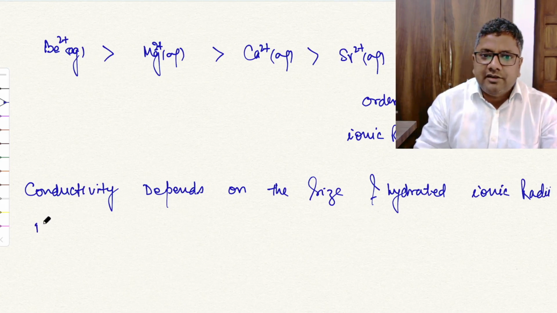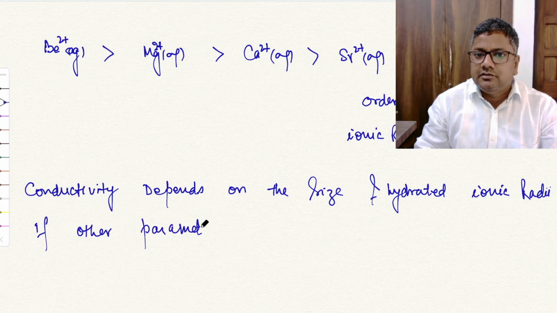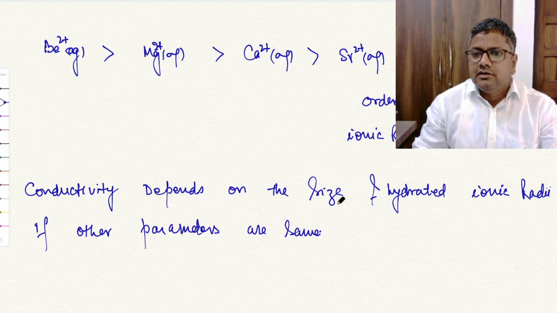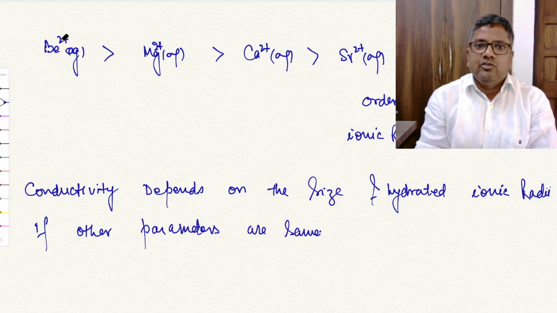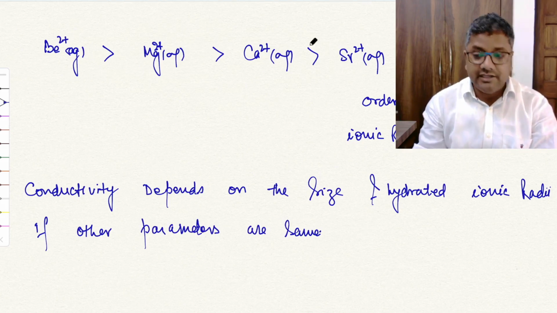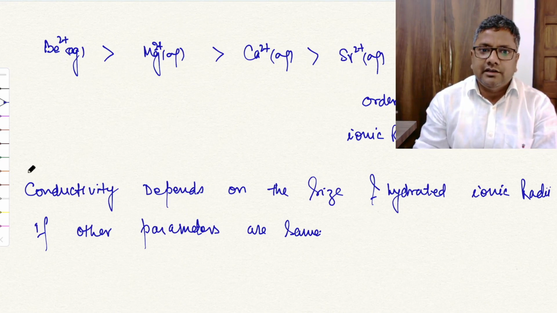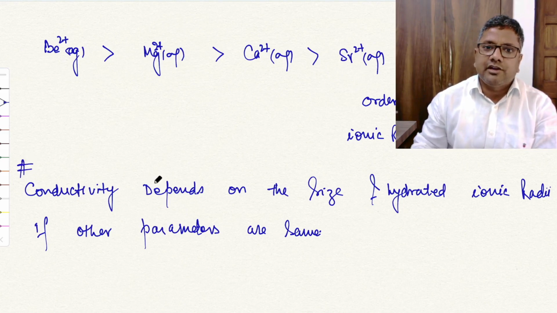If other parameters are the same, in the same group, the magnitude of charge is the same, so the main difference is in the size. This is a very, very important point.